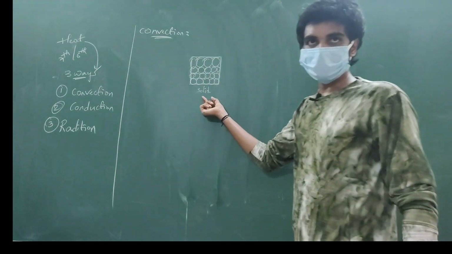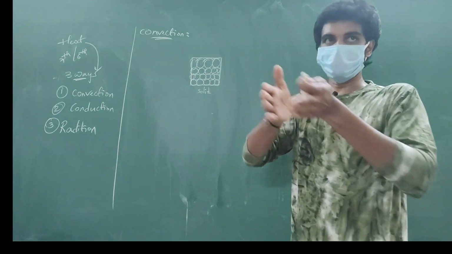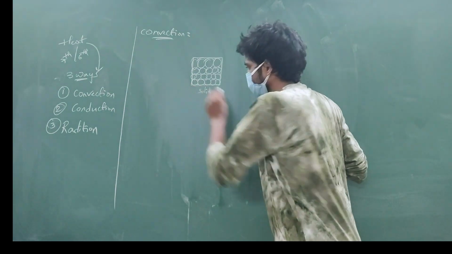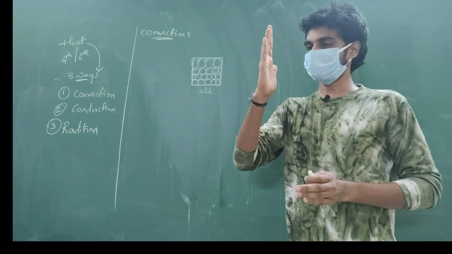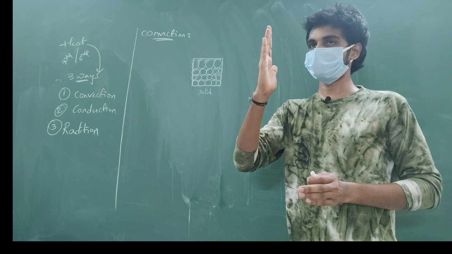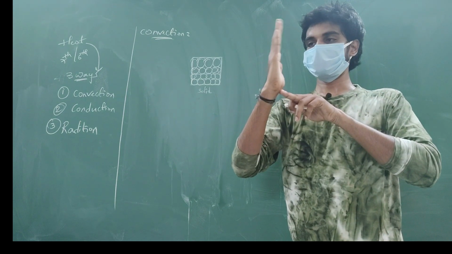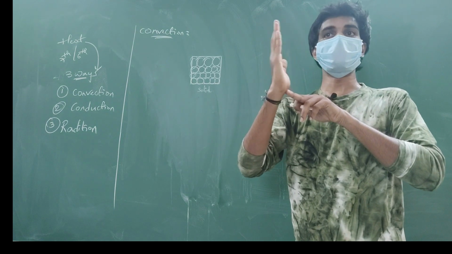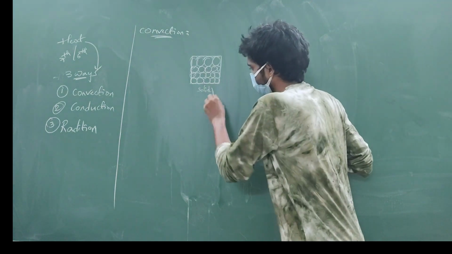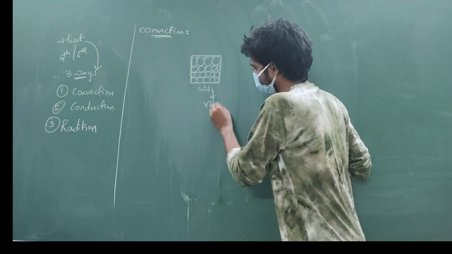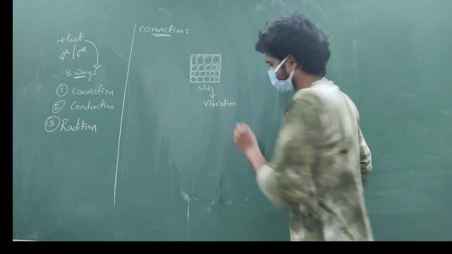Normally in solids, there is no space for the particles to move, right? So they stay at their mean position and do only one thing: they vibrate. In solids, motion is like vibration, right?